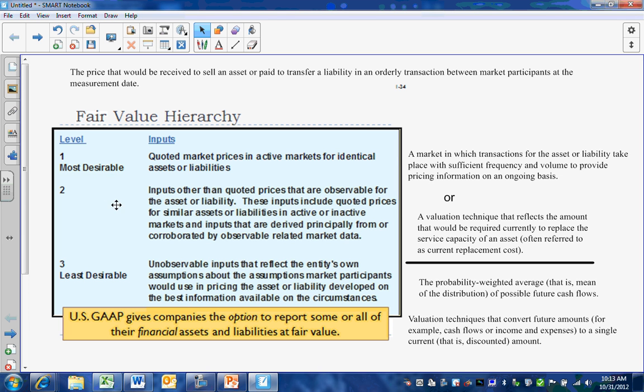The second level deals with a situation where there is no exact market for the asset or liability that we're looking at, but there are similar assets and or liabilities that are traded in an open market. An example of this would be if we have a private company, one that is not publicly owned, and we have debt instruments.